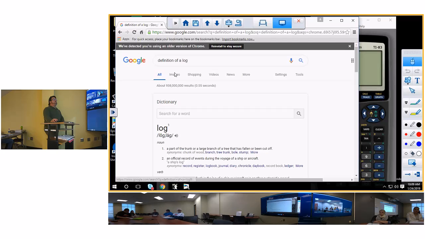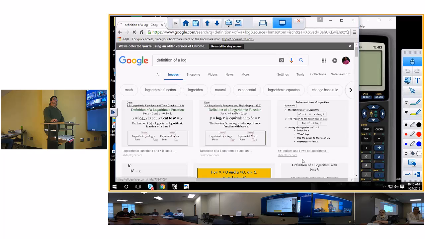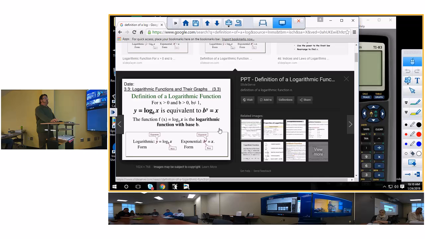Definition. And images. And there it is. That's a good one. Y'all write that down. I'm not going to copy and paste it. But when you have a logarithm, y is equal to log base b of x, it can be rewritten as b to the y is equal to x. I'll snip that out.